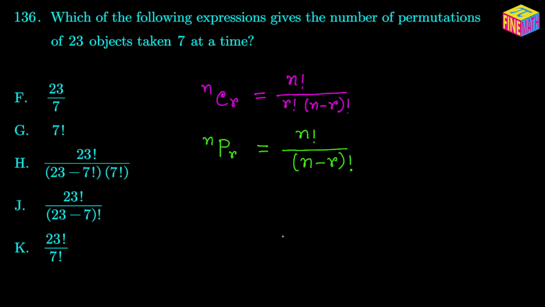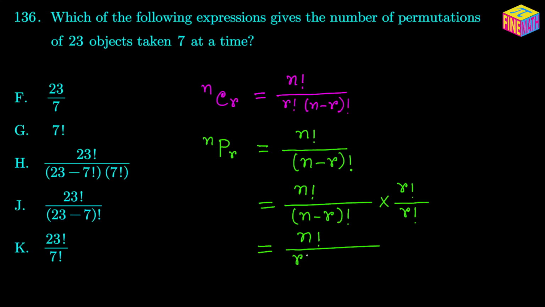Right? Now, if you carefully look at it, you can see that nPr can be written as n factorial over n minus R factorial. If we multiply by R factorial in the numerator and also R factorial in the denominator, we can write it as n factorial over R factorial times n minus R factorial, times R factorial, and you can clearly see that this is actually nCr times R factorial.